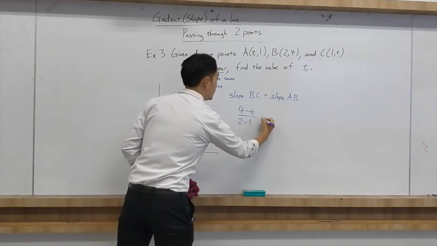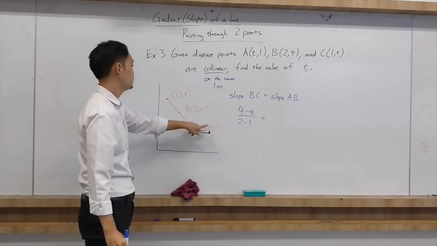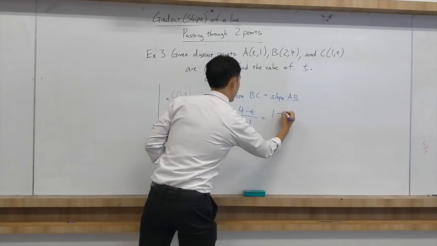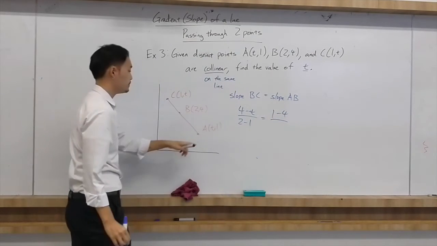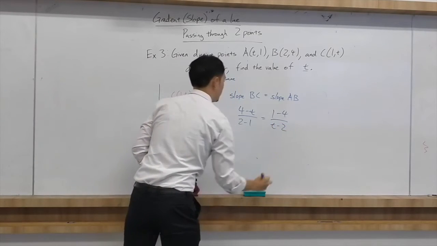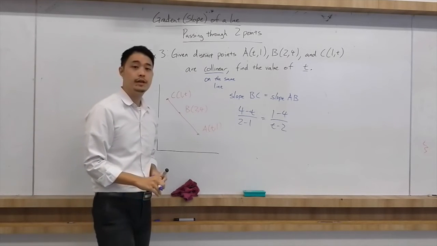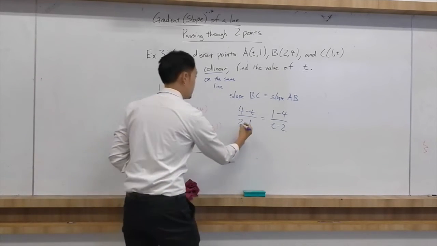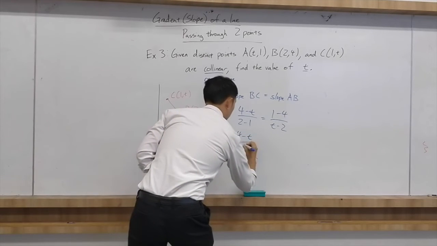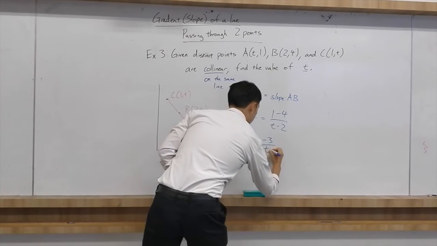Right? That should be equal to my slope from A to B. So let's call this our 2 and this our 1. So 1 minus 4 on the top, T minus 2 on the bottom. Okay? Now we're going to have to simplify this and do a little bit of algebra. So from here, 4 minus T over 1 equals negative 3 over T minus 2.